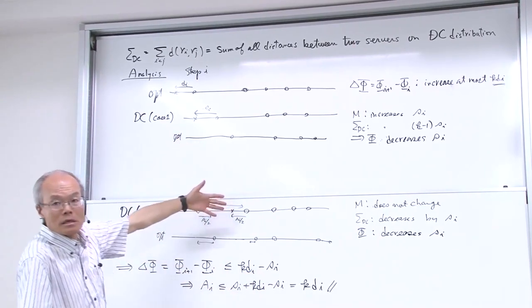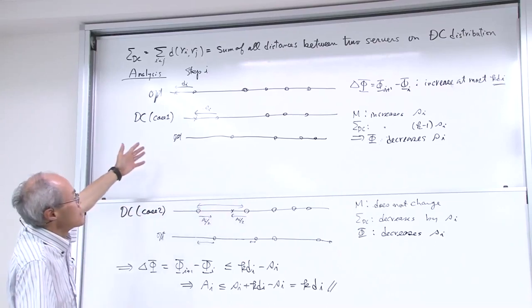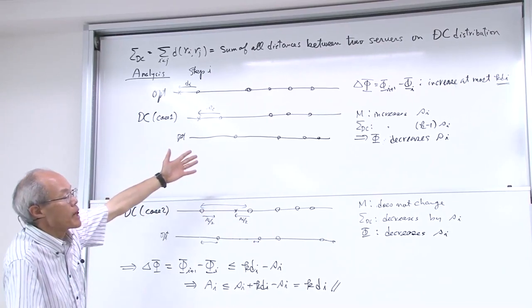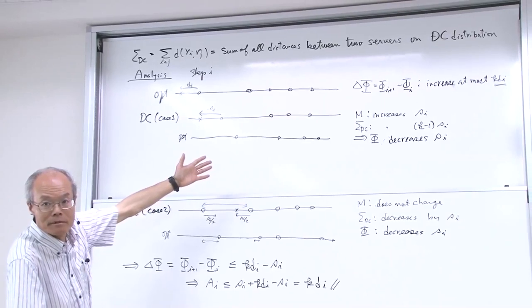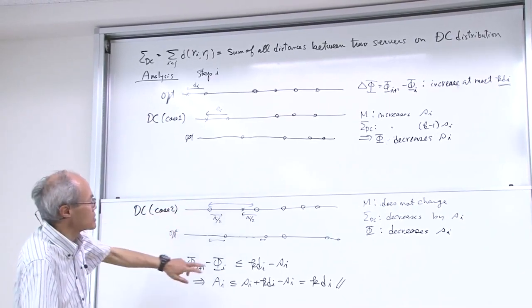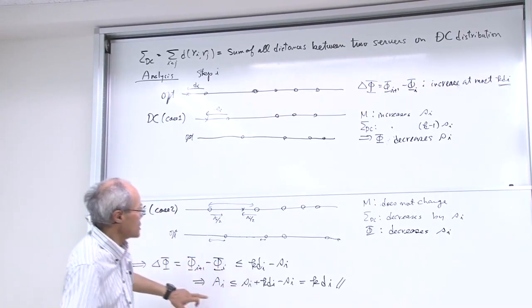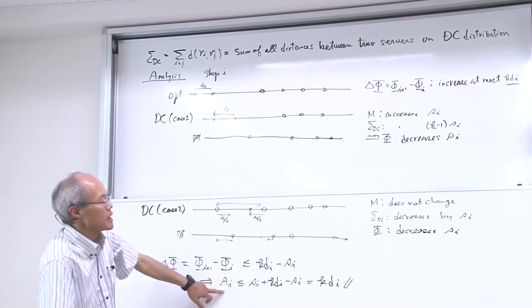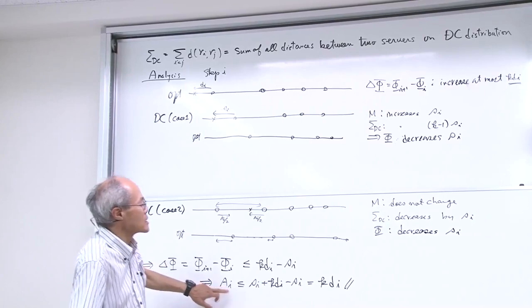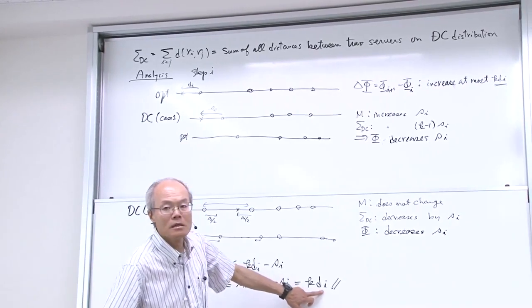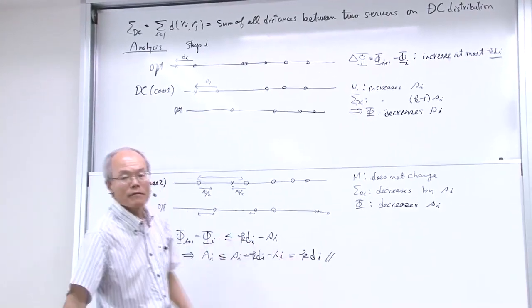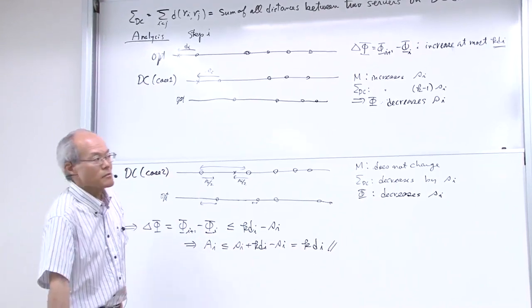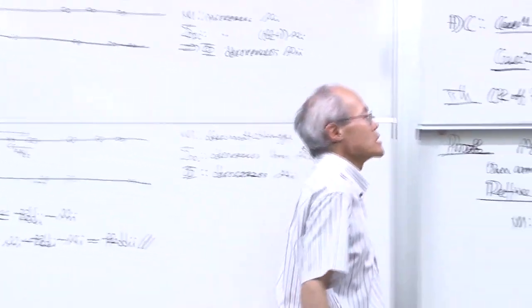In both cases, phi decreases by s_i by the movement of DC. This is just a simple calculation, and exactly a_i is at most k times d_i. d_i is the cost of opt. That means we are done.